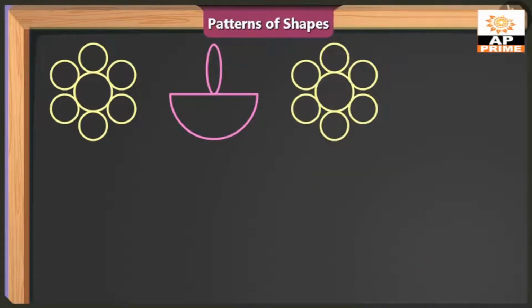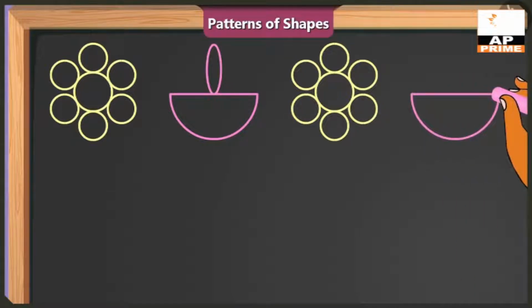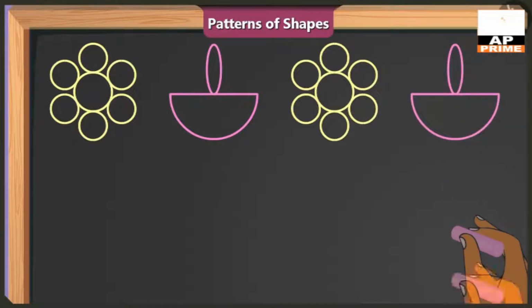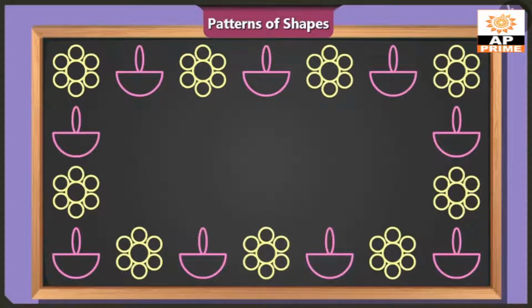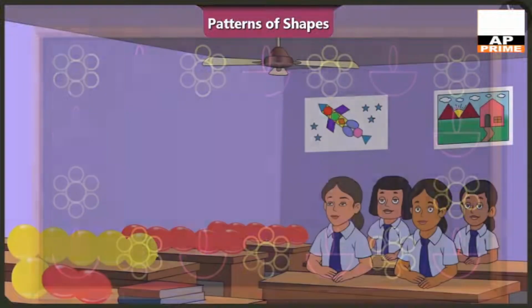And I will once again draw a diya like this with a semicircle shape and an oval shape. So we will keep repeating this sequence, a flower drawn out of circle shapes followed by a diya drawn from a semicircle and an oval shape. Oh yes, this looks like a pattern. Oh, lovely! You have made a beautiful pattern.